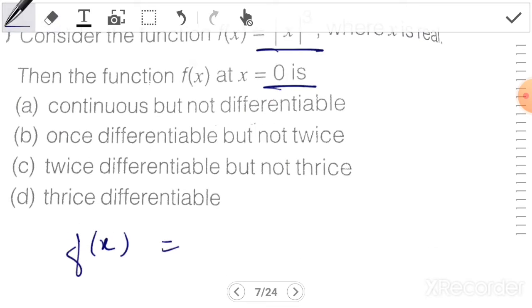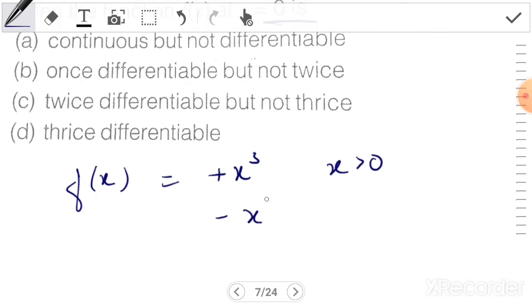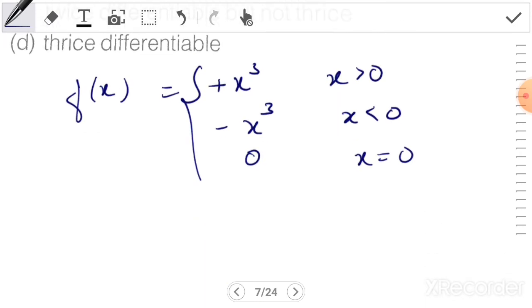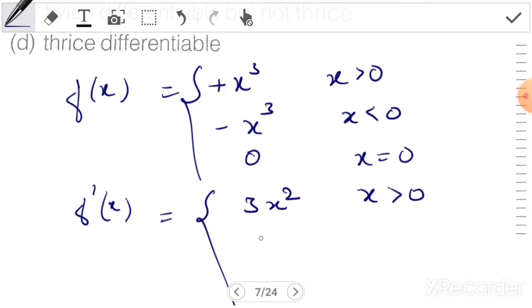So f(x) is plus x cube when x is greater than 0, minus x cube when x is less than 0, and is equal to 0 at x equal to 0. Now the first order differentiation is 3x square when x is greater than 0, minus 3x square at x less than 0, and 0 at x equal to 0.